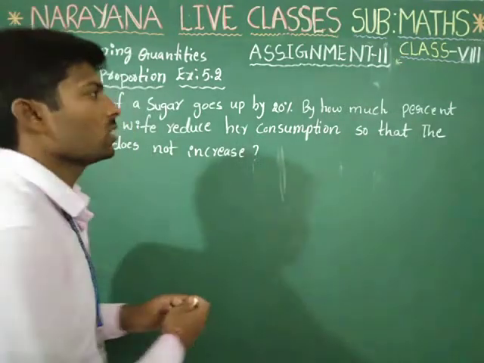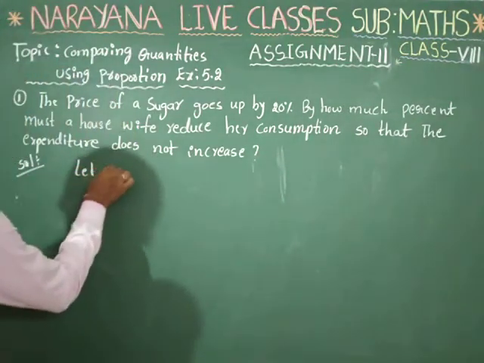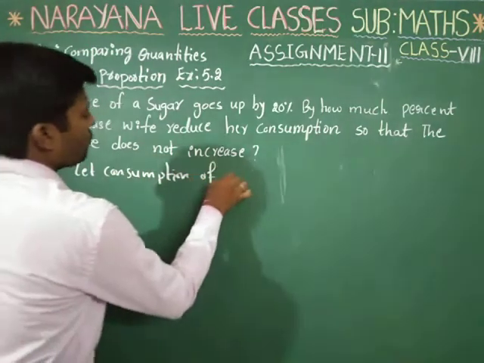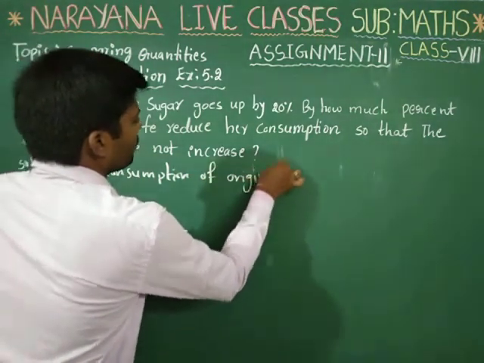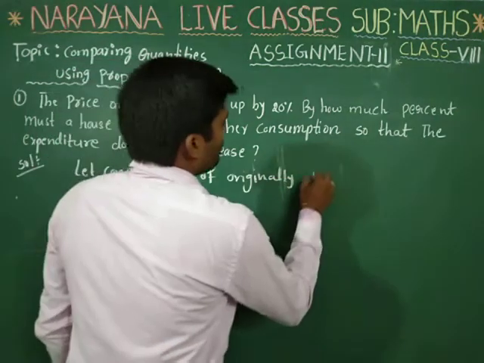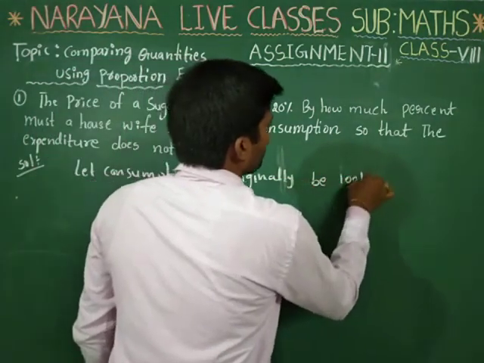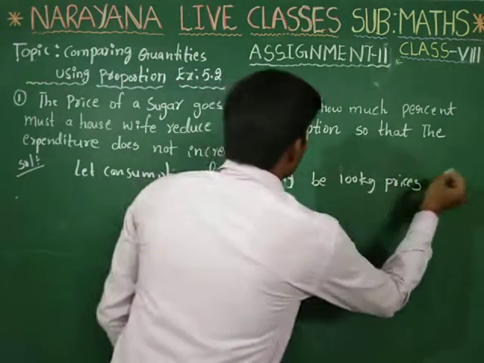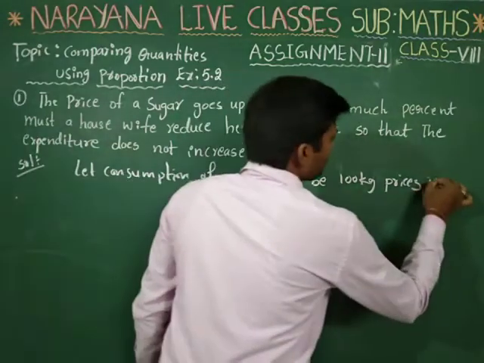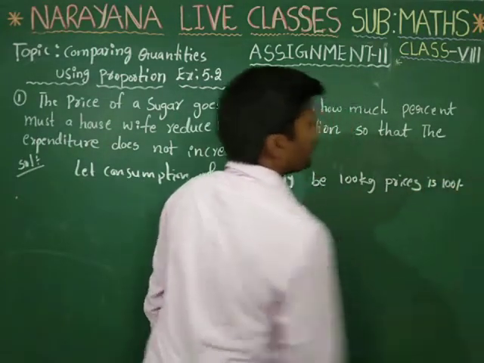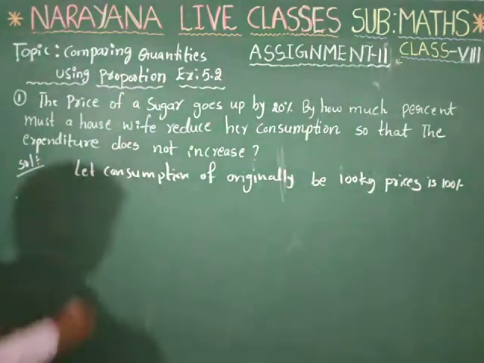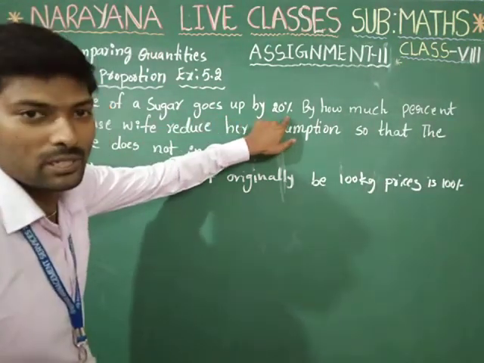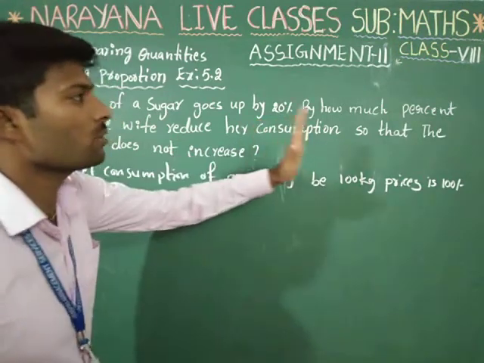Let the consumption originally be 100 kg, and let me take the price as 100 rupees. If there is a 20% increase in cost, then 100 will become 120.